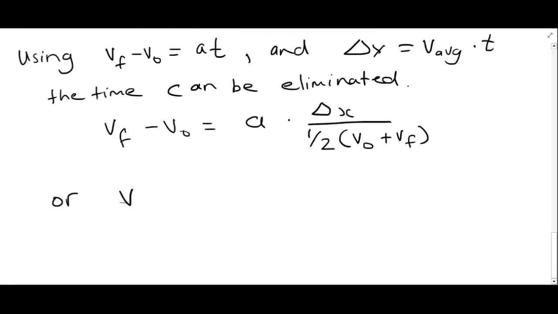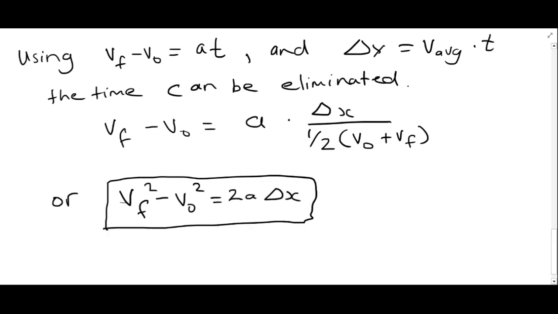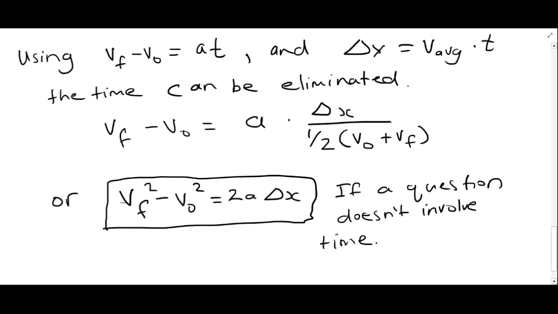Or this can be written as vf squared minus v0 squared is equal to 2a delta x. So if a question doesn't involve the time, then you can use this equation to help solve that problem.